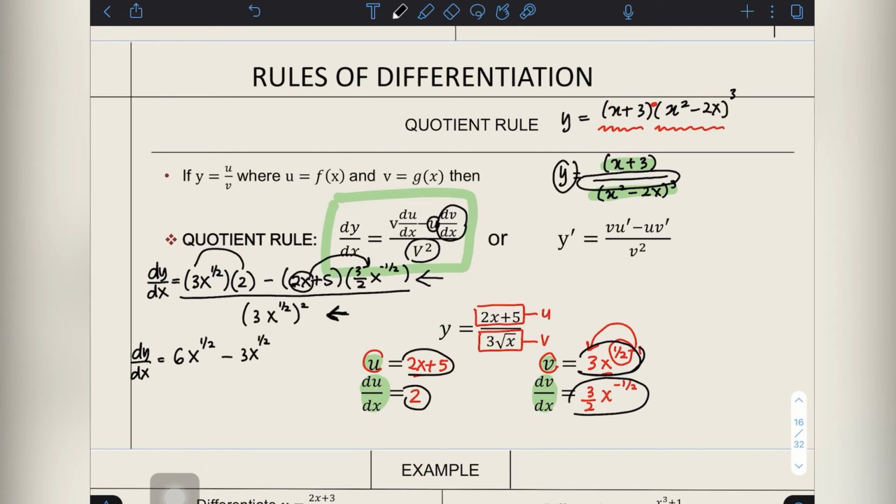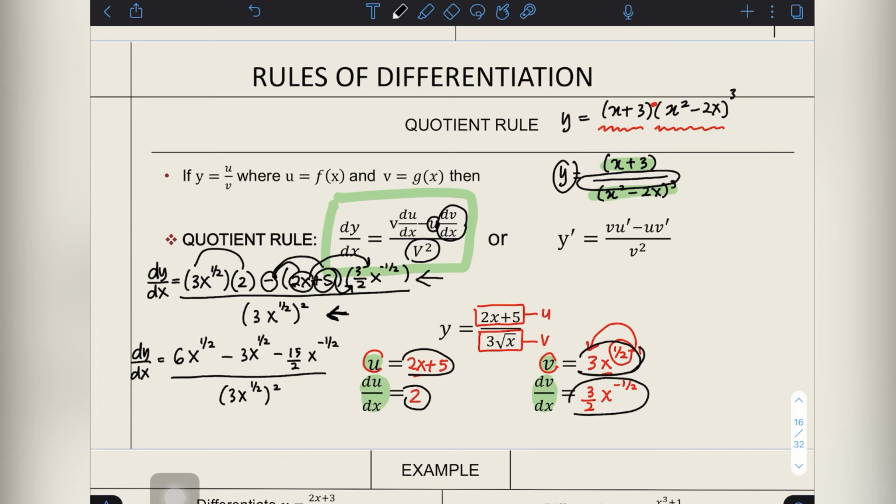And then you have 5 multiply by the whole thing here, you will get negative. Be careful because this one is negative for both. So you have negative 15/2 x to the power of negative half, divided by 3x to the power of half, power of 2.